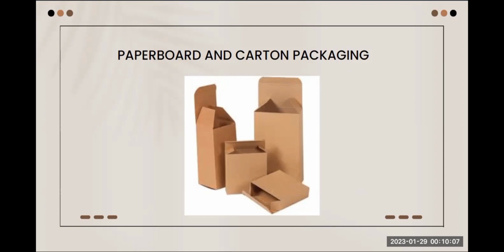Makikita natin sa supermarket, ito yung madalas gamitin sa mga pagkain, sa mga laruan, sa mga bagay-bagay na madaling masira. Kumbaga pwedeng magamit ulit kasi nga recyclable materials. Next po.